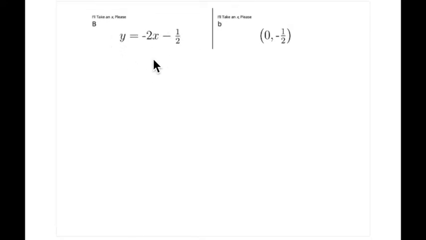Also, as we look at this, this is very close to being the slope-intercept form of the equation. The slope is going to be negative 2, but the y-intercept, this is where it's useful to change subtraction to addition. This is going to be adding a negative 1/2. So this is subtracting a positive 1/2.